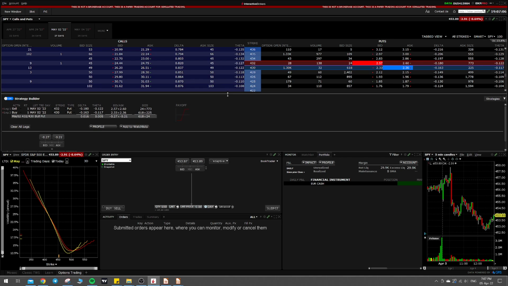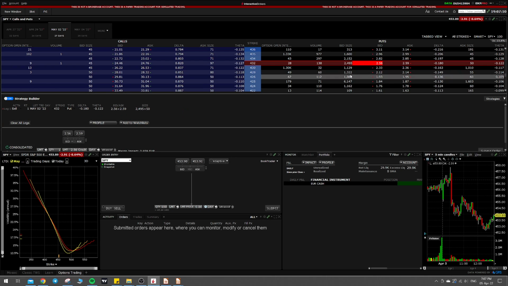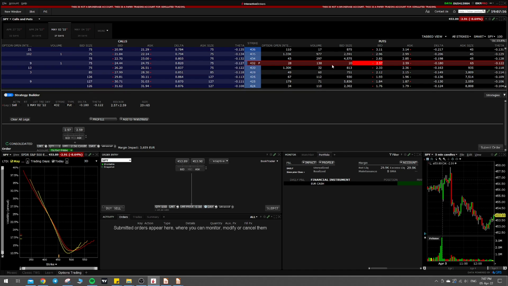So in this case, you can see, let's see the difference. Like I said, the put sell means that my direction is bullish, and I estimate that the price is going to be higher than 432 in the next month. And on 2 of May, I believe the price is going to end up superior to 432.